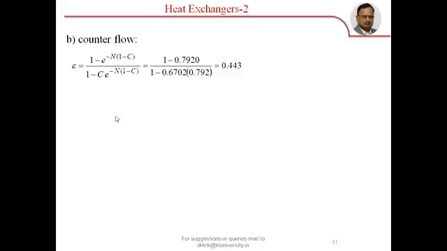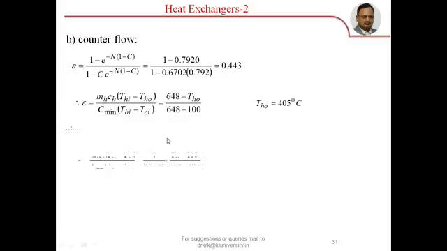Now for counterflow arrangement, effectiveness is 1 minus E power minus N into 1 minus C by 1 minus C into E power minus N into 1 minus C. That is equal to 0.443. Hence, by substituting again, with minimum heat capacity fluid as MHCH, you will get THO as 405.